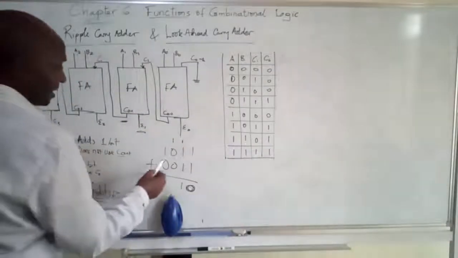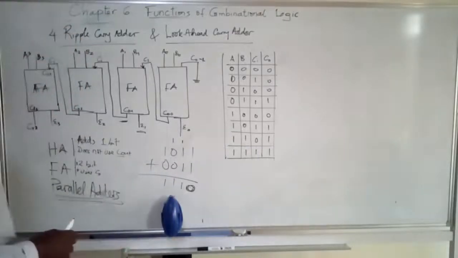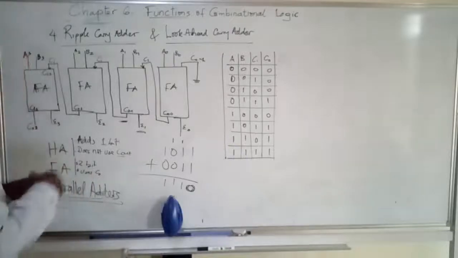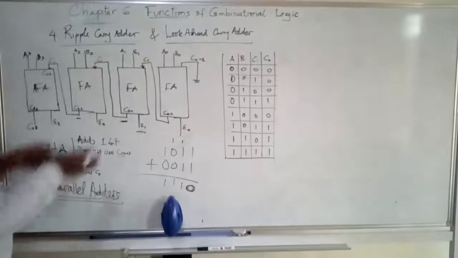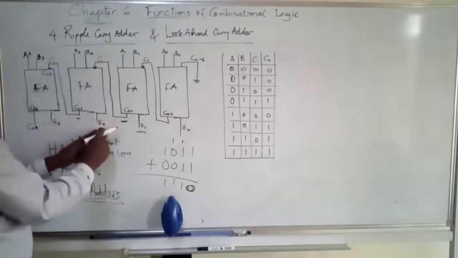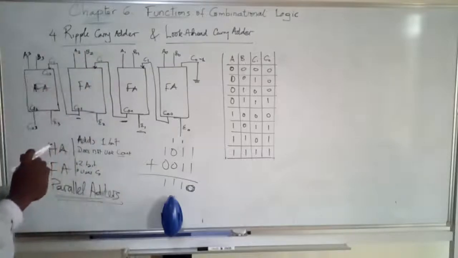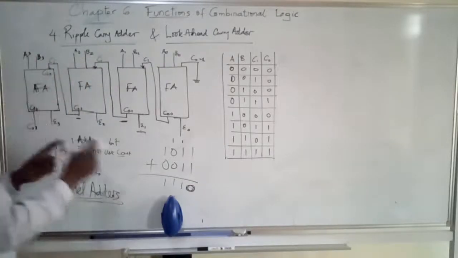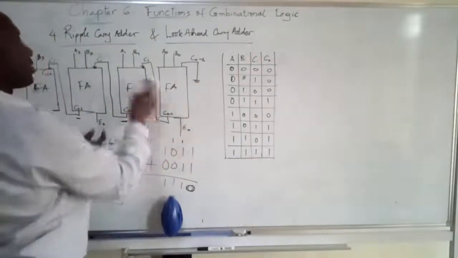So it means that to get the next carry out, we have first to do the summation, so that from the summation we generate the carry out, and so on and so on.